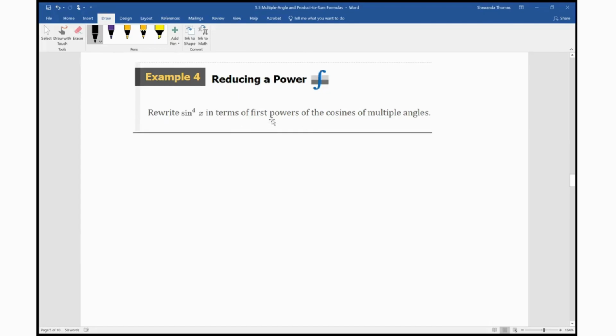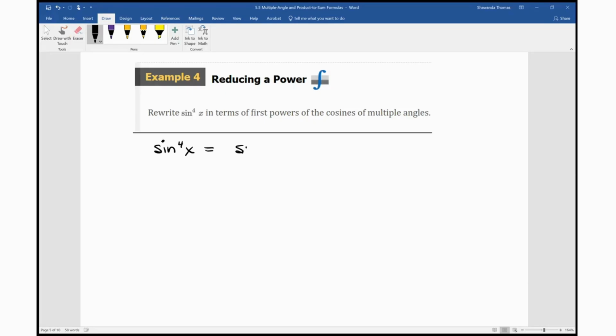All right. They don't want to the 4th power. They want to the first power of the cosines. In the end, we want cosines. But it could be multiple angles like 2x or something like that. But they want it in terms of cosine. So here's one way you could do it.